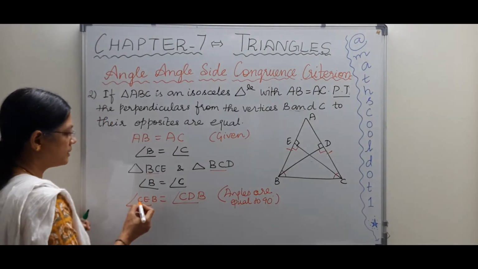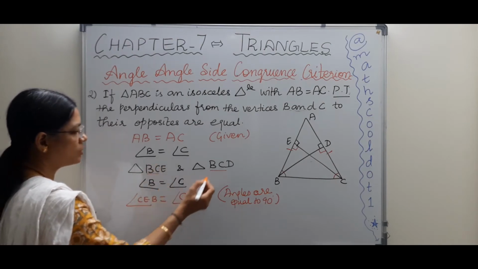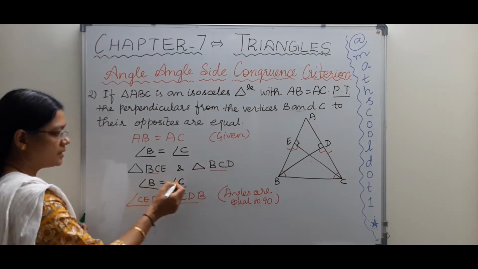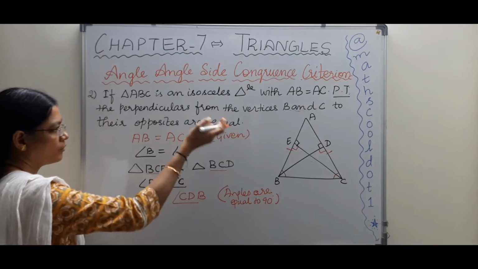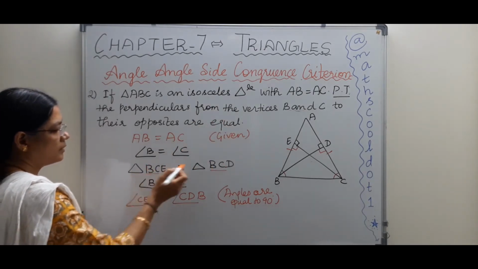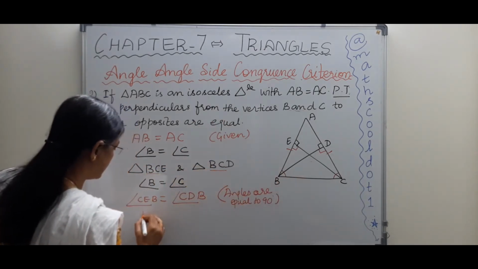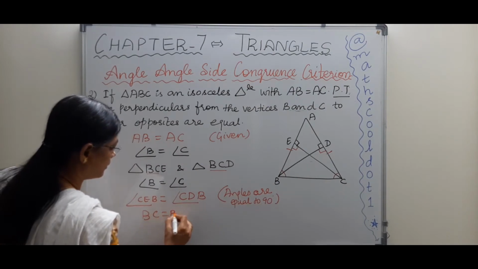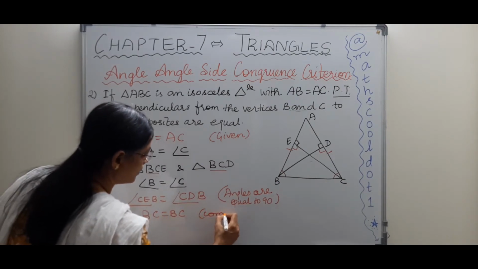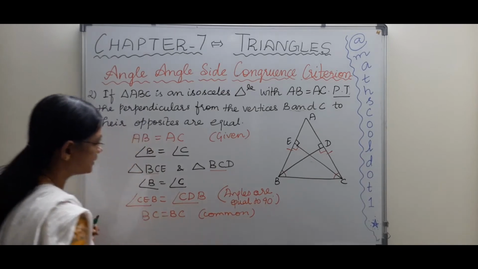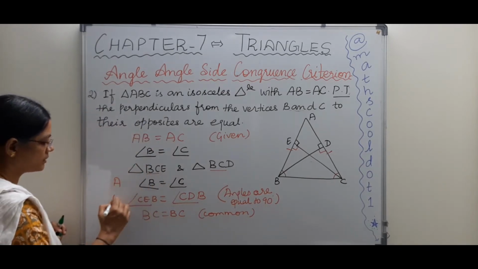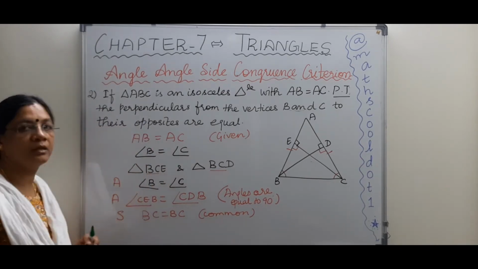So two angles, CEB is equal to CDB, and B is equal to C from construction or from the given condition. Then the side BC is equal to BC because it is common, right? So from these things we have two angles and one side to be equal.